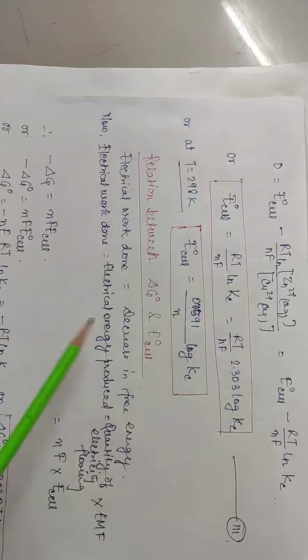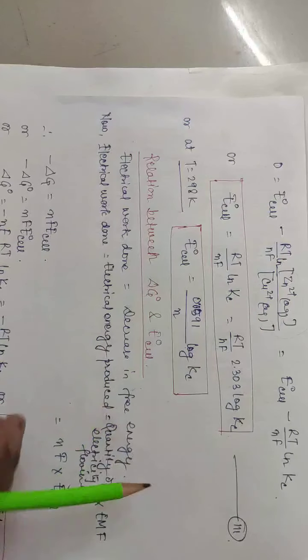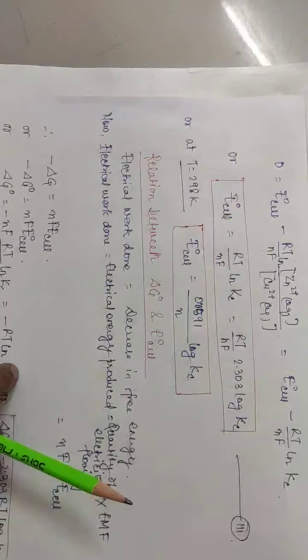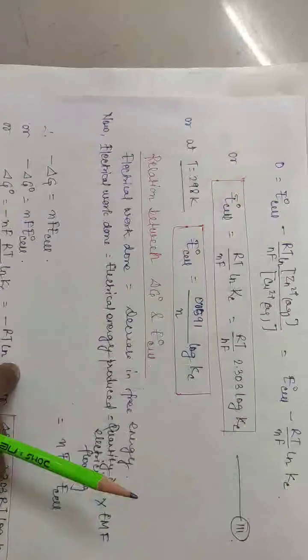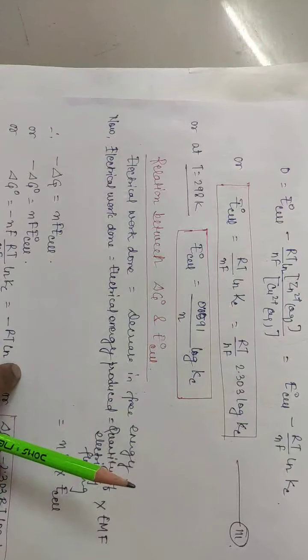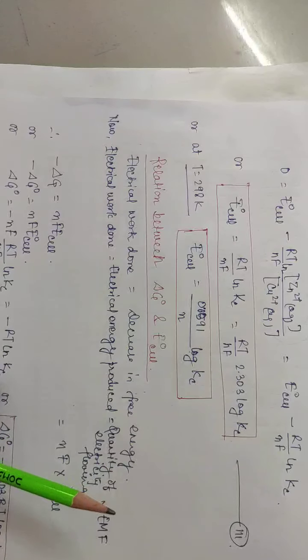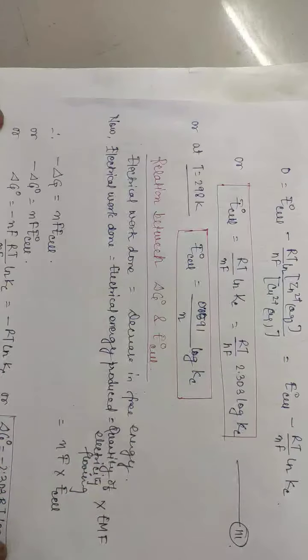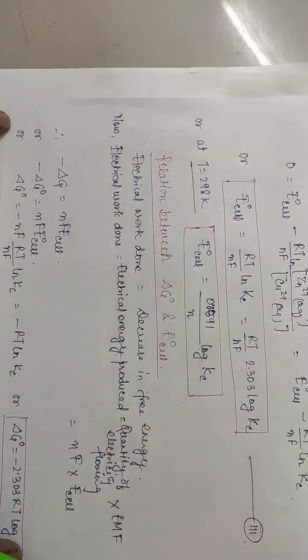Now when a cell reaction takes place, electrical energy is produced. The electrical work thus done by the system results in a corresponding decrease in the free energy.